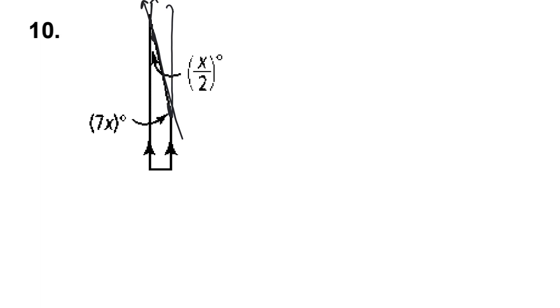Why? Because they're same side interior. So it's going to be 7x plus x over 2 is equal to 180 degrees. If you want to do this, it's 7.5x is equal to 180 degrees.